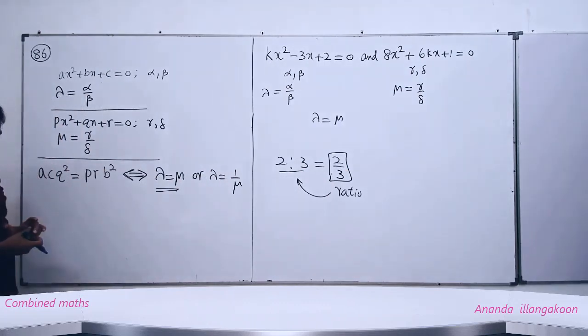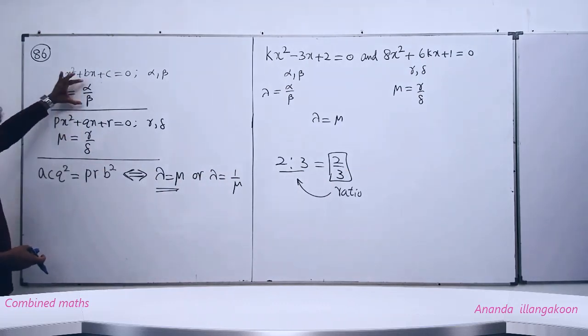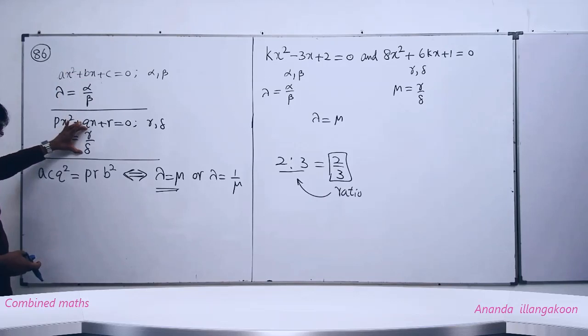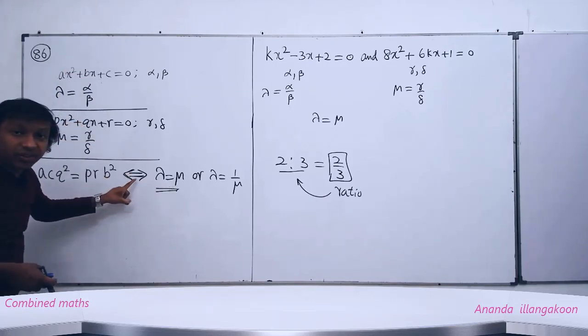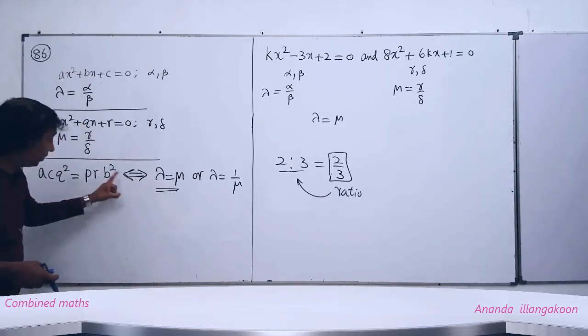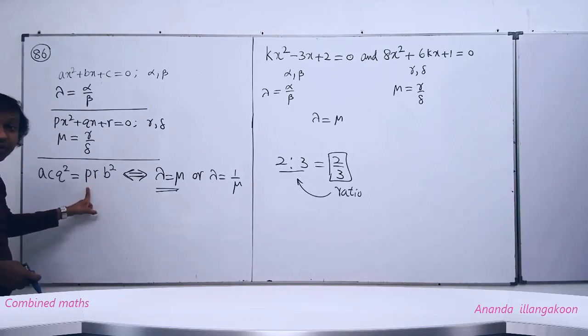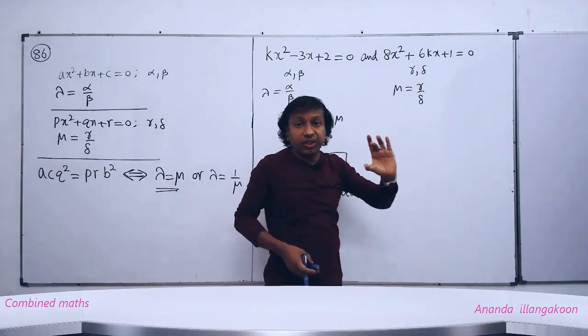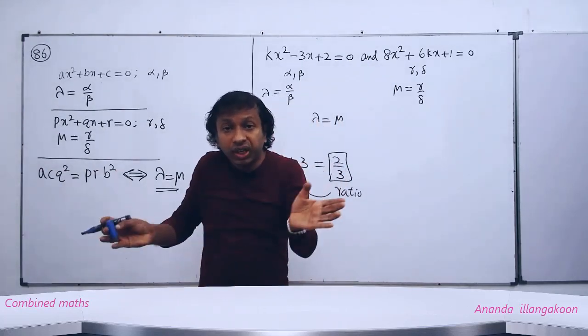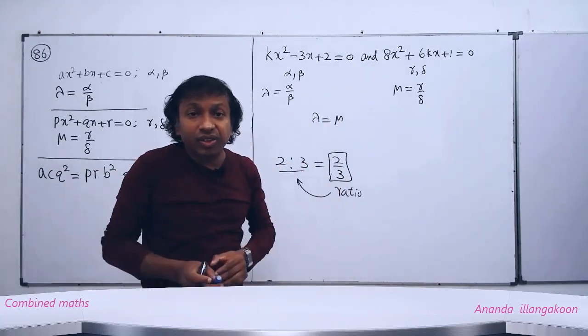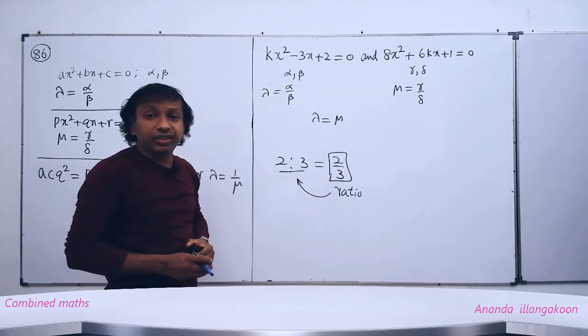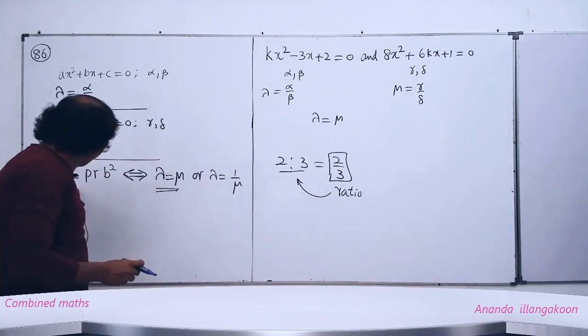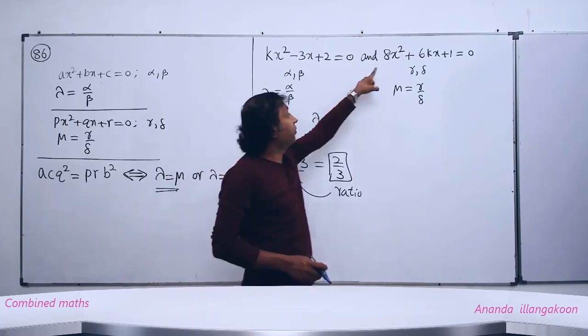We have proved that if the ratio of the roots of this equation and this equation are equal, then that gives us this equality. Therefore, here also, this equation and this equation have equal ratios of roots. If they are equal, we can write this kind of relation for these two equations.